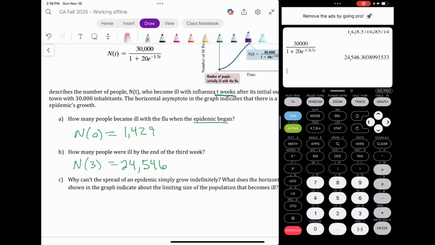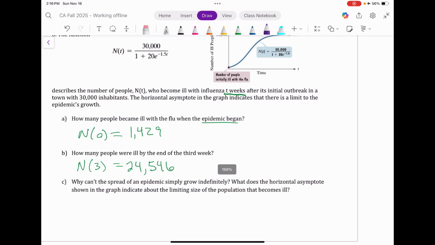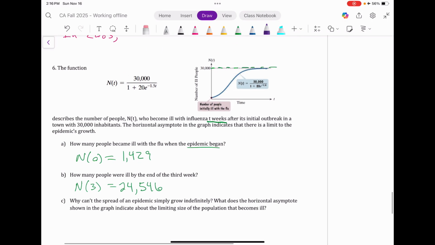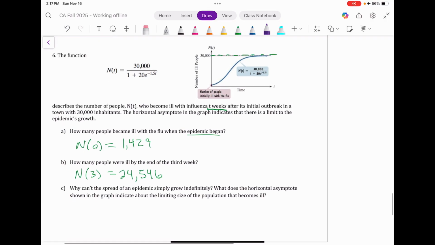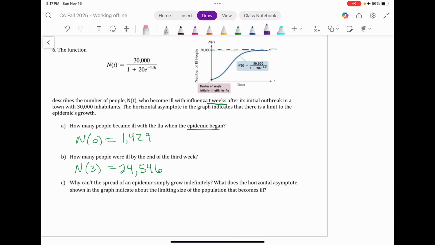And the last question says, why can't the spread of the epidemic simply grow indefinitely? Because there's a limiting factor of the population, right? If your population is 30,000, the virus can't go past 30,000. So why does the horizontal asymptote show in the graph?